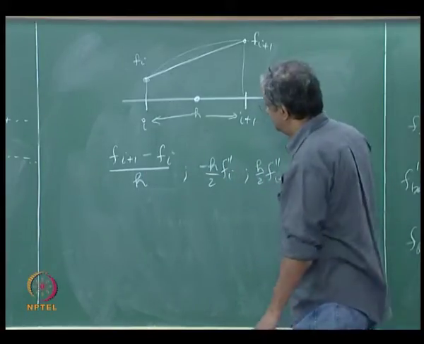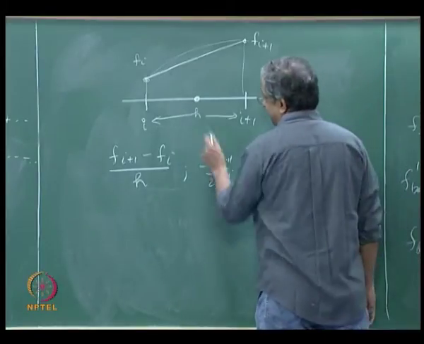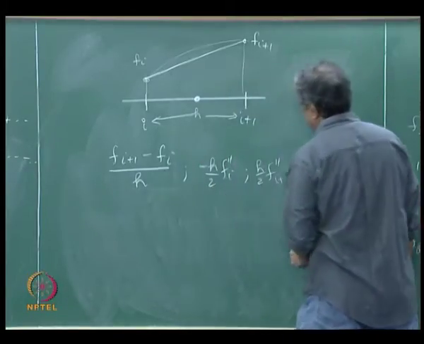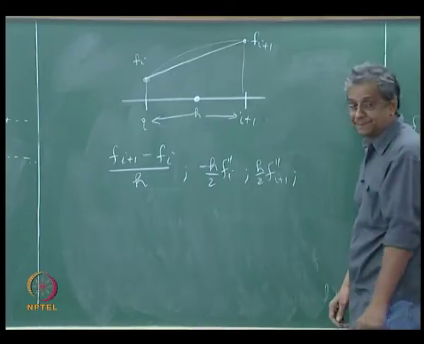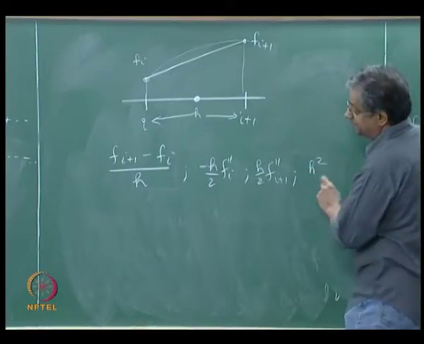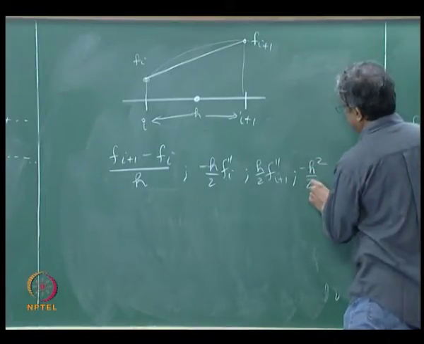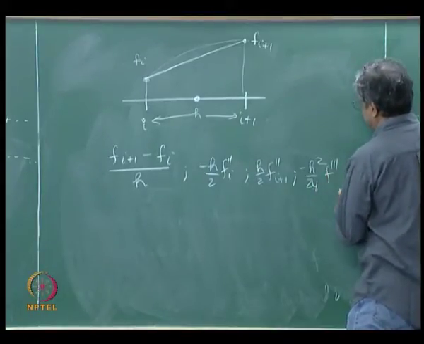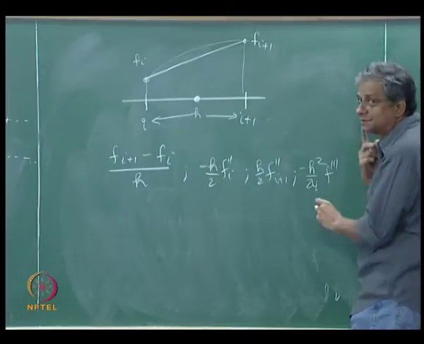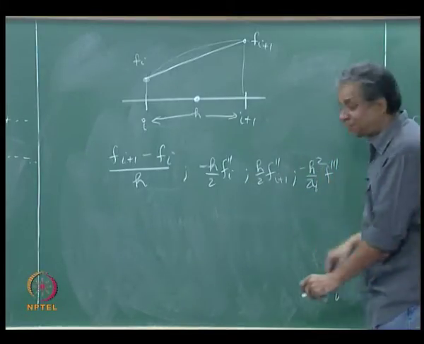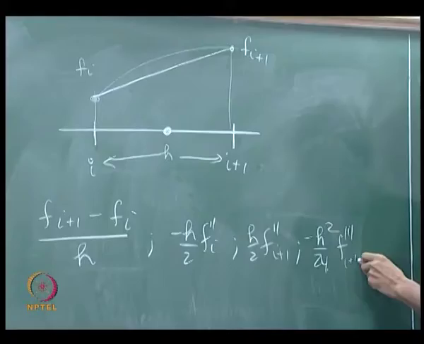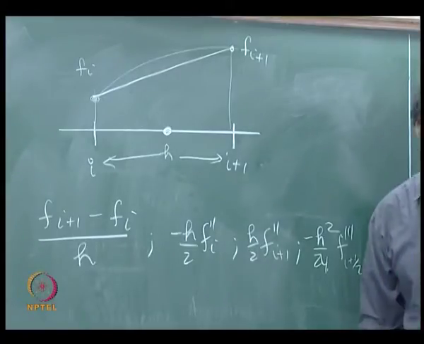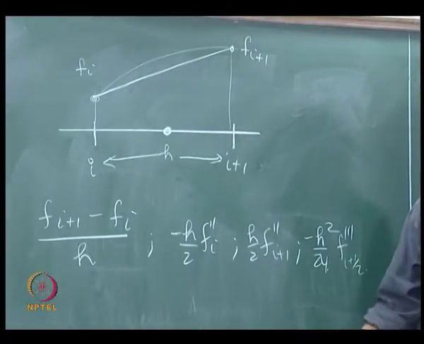If I take it as a central difference, the truncation error would turn out to be h squared by 24 times the third derivative, at some intermediate point. We do not know that value, but it is some intermediate point i plus half, the midpoint.